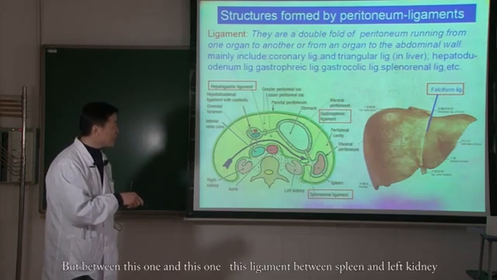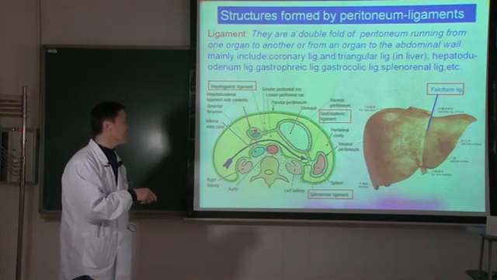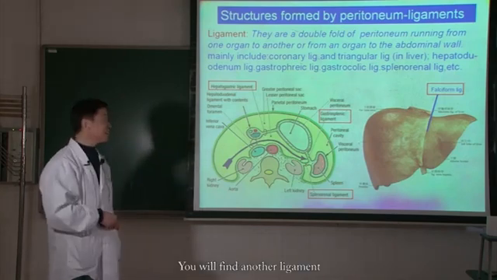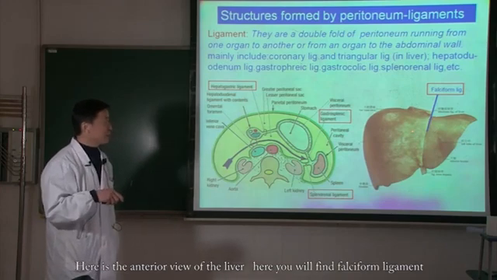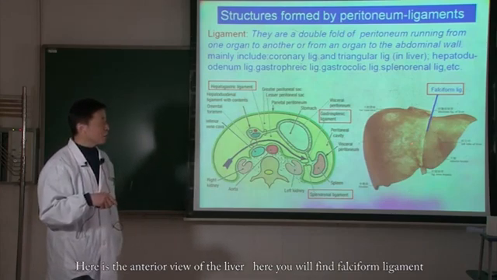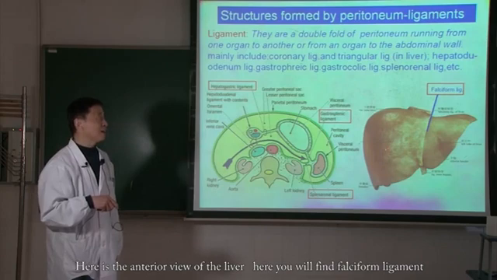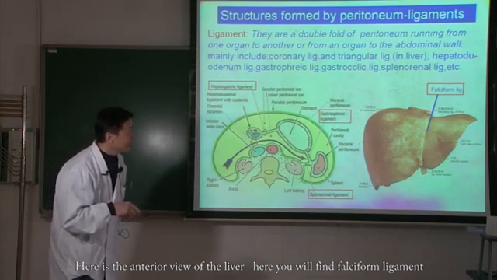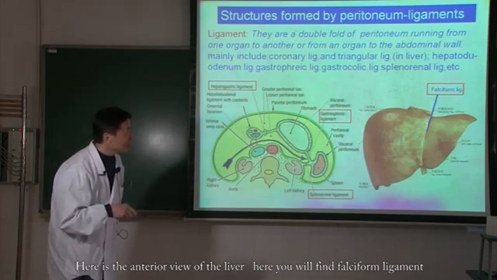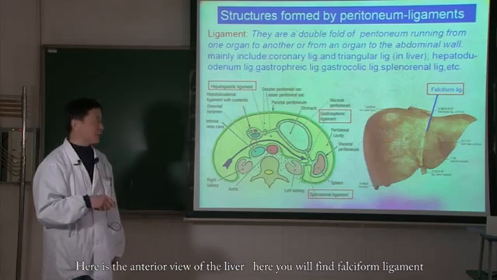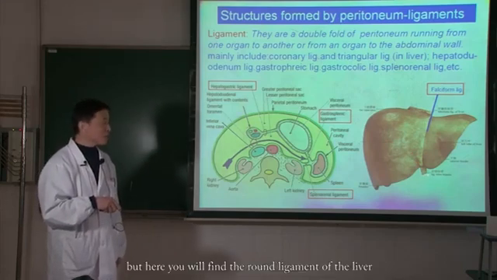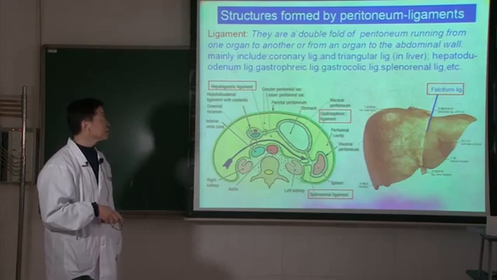And between the spleen and the left kidney, you will find yet another ligament. Here is the anterior view of the liver. Here you will find the falciform ligament, and here you will find the round ligament of the liver.